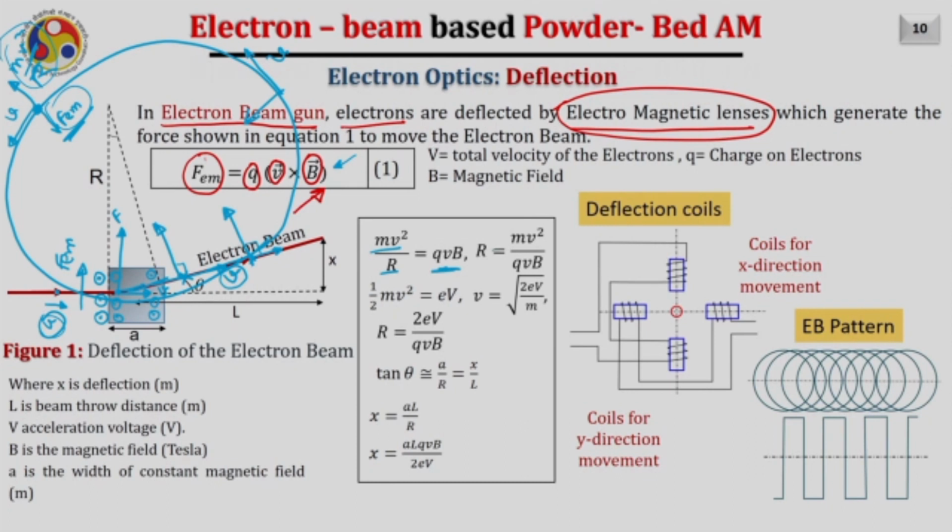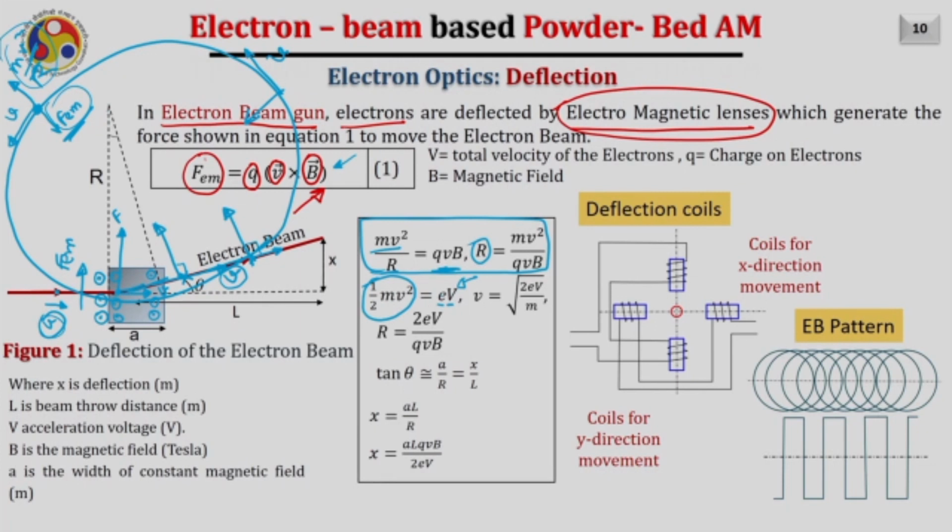Then from here we can find the value of r, that is the radius of the circle on which your electron is moving. Also, the kinetic energy of the particle, which is half mv square, will equal the energy of the particle, which is eV, where capital V is the acceleration voltage and e is the charge on the electron.